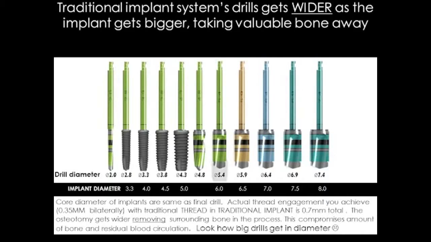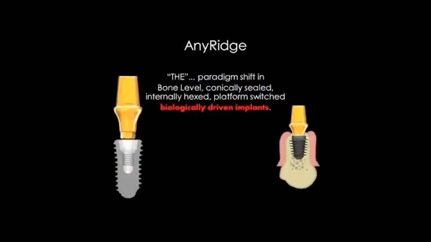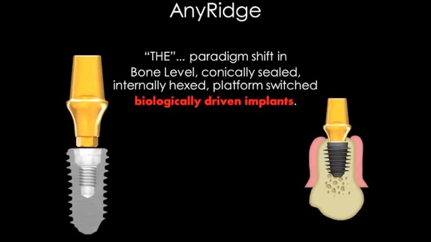People call it dieback, and so forth, regarding different types of ridges, because as the implant size gets bigger, again, you're compromising your crestal bone at the top, therefore decreasing the valuable blood circulation in the area. Again, look how big the final drill gets for an 8mm implant. It's 7.4 millimeters. That's a lot of bone to be taken away.